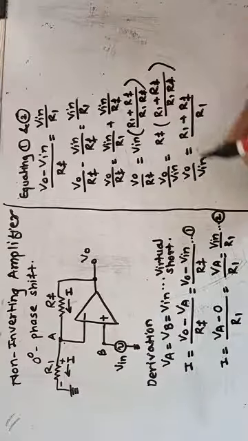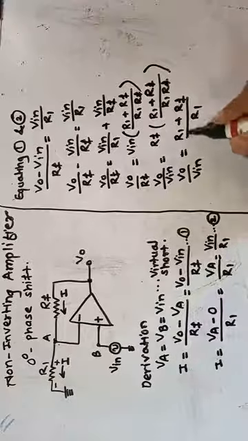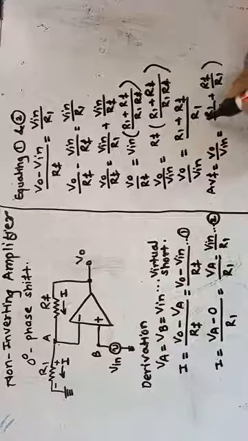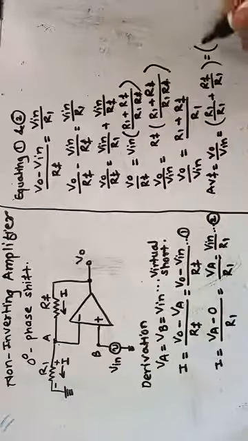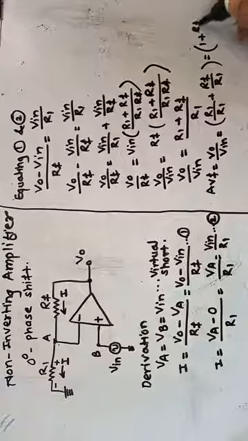If you want to minimize it further, the gain is V0 upon V in equal to R1 divided by R1 plus Rf divided by R1, which is nothing but 1 plus Rf divided by R1.